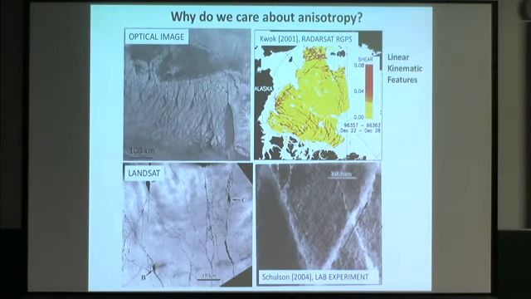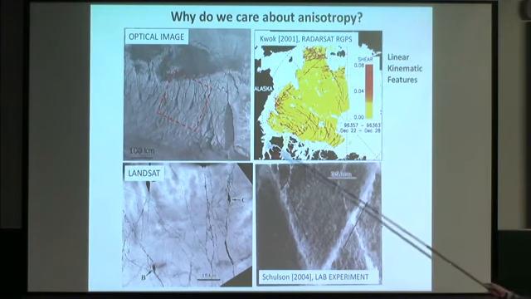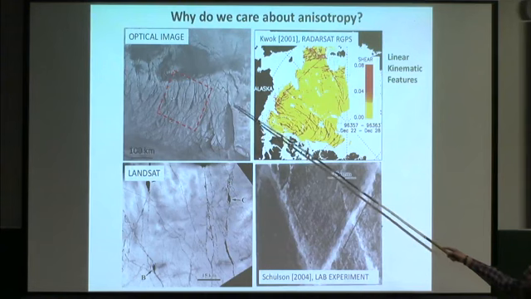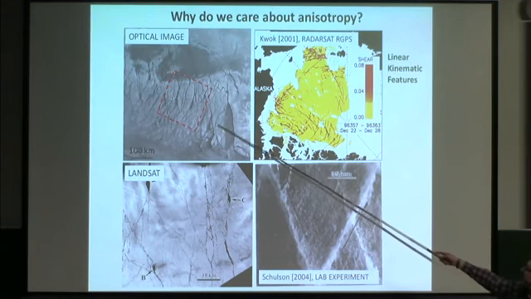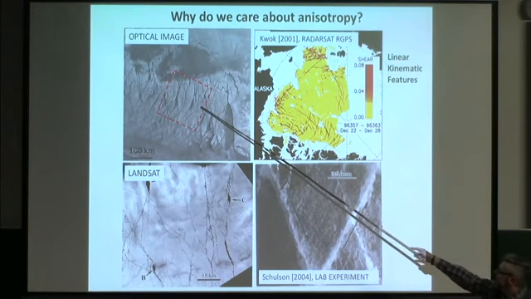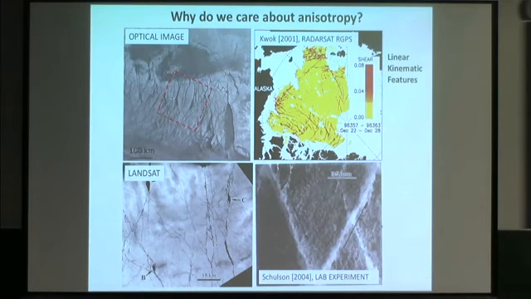But why? Well, imagine this red square is the grid cell of a climate model. The dark features in here are thin ice, or even open water, but probably thin ice. So you've got thick ice with striations, lines of thin ice between them.